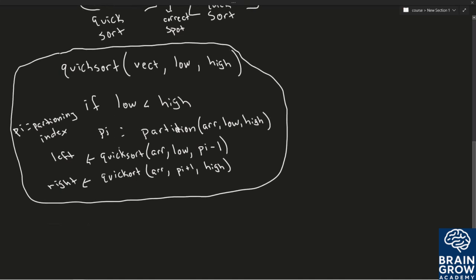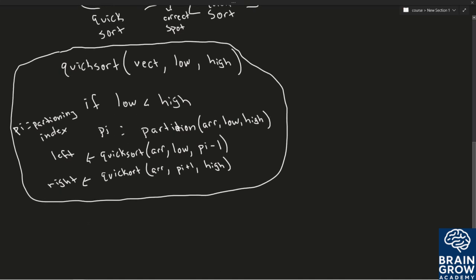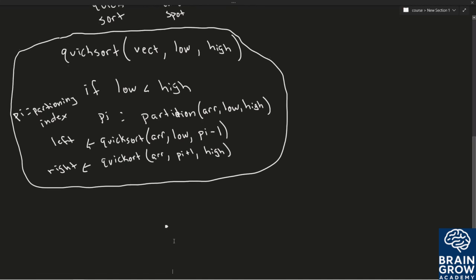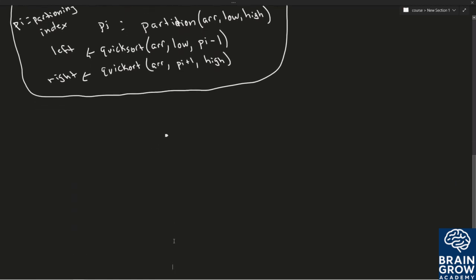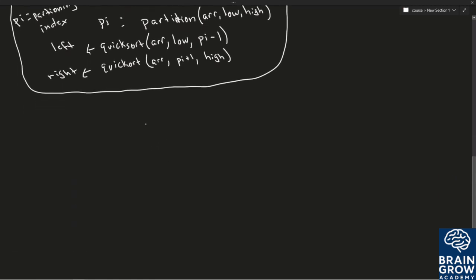So we see that we have another function call in here called partition. So now we need to create some partition pseudocode. So we're going to have partition, and partition is going to take our array, our low, and our high.